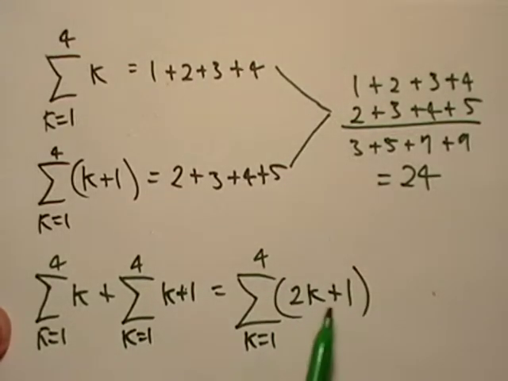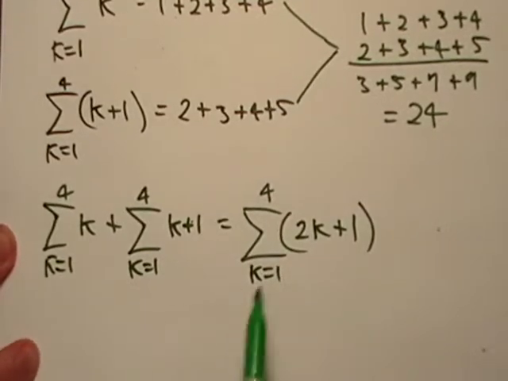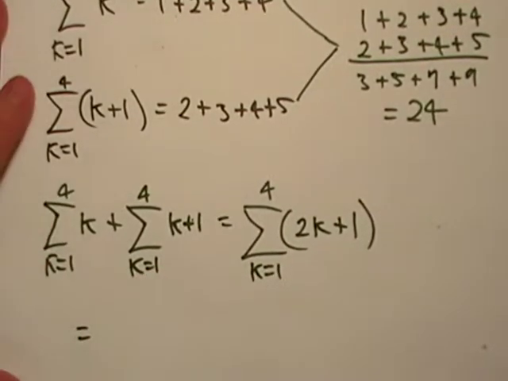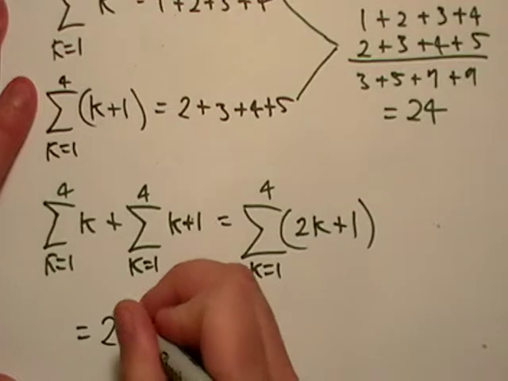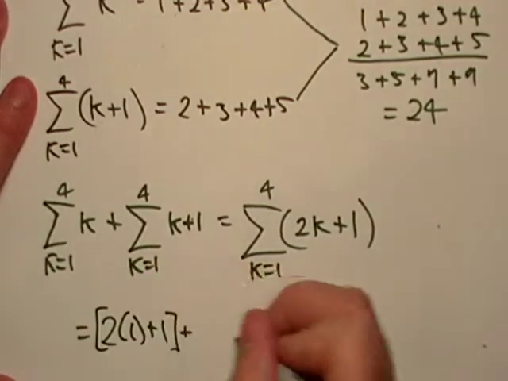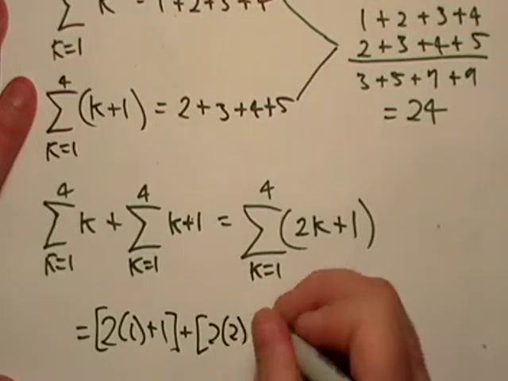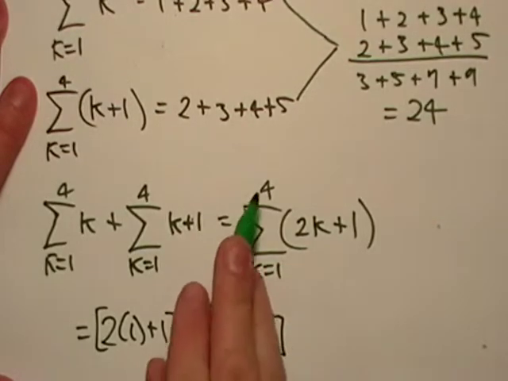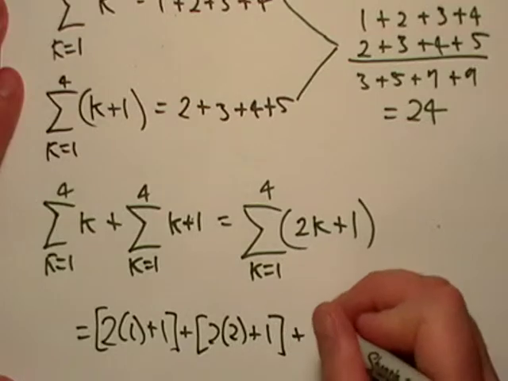Okay? So let's go ahead and sum this up from 1 to 4. So I'm just going to write it down here. So that's 2 times 1 plus 1. Ooh, I got too big. I think I'm going to run out of room. 2 times 2. This is why I didn't use a high index of summation on here.